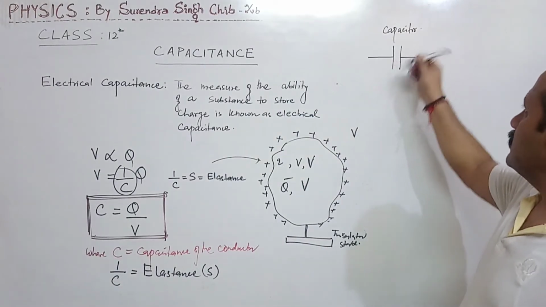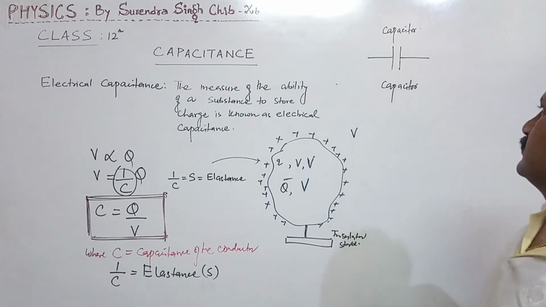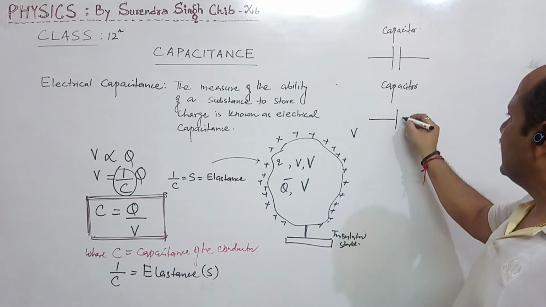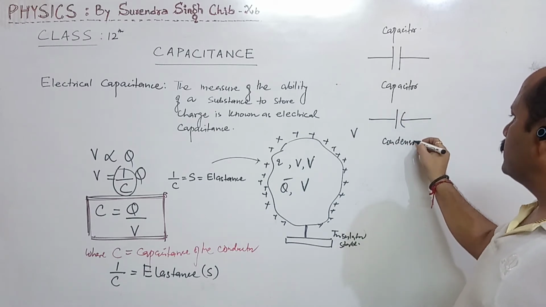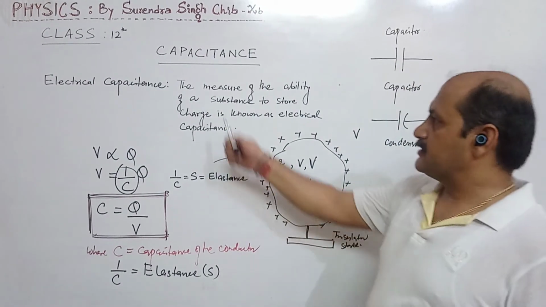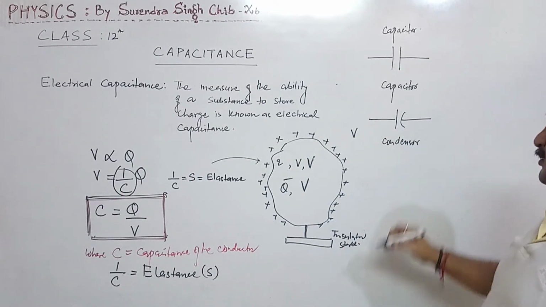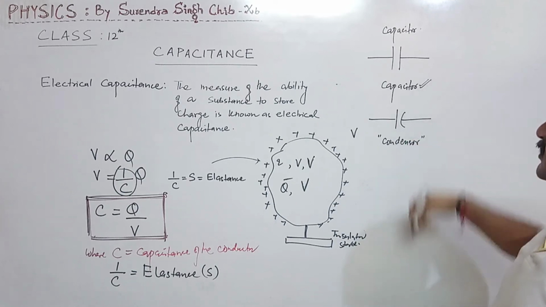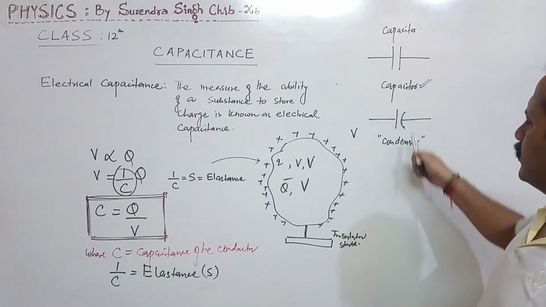Earlier we also called it a condenser. Older electricians use the word condenser instead of capacitor, but today we are using capacitor. This is the symbol for a condenser, or you can say capacitor.